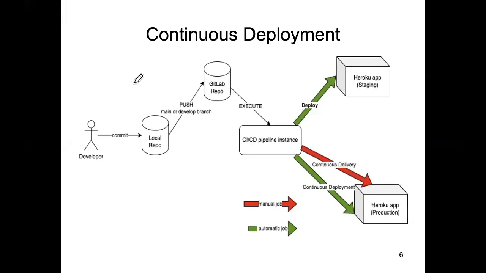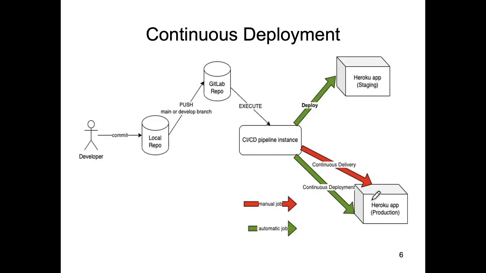And to repeat the point, the difference is, okay, your pipeline goes through the install, build, and test phases. And then the next phase would be to deploy the API to the staging environment. That should happen automatically.